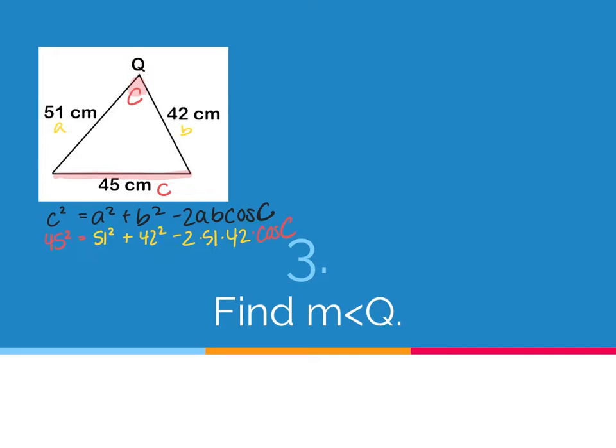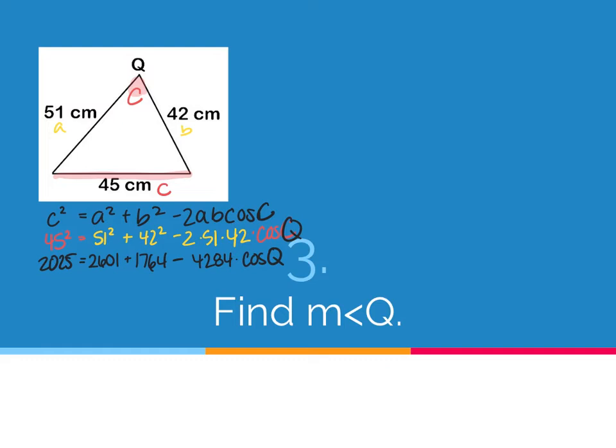So 45 squared is 2,025. 51 squared is 2,601. Plus 42 squared, which is 1,764. Minus, now you can do 2 times 51 times 42, which is 4,284 times the cosine of C. And I'm going to actually change that because it's really Q here.